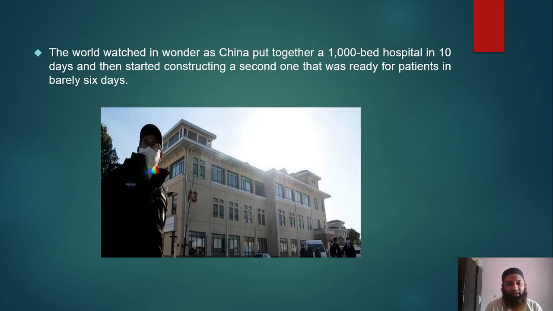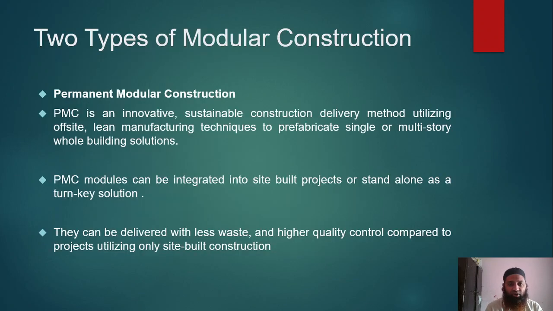If you just imagine, with normal on-site construction methods, this would not have been possible in 10 days. It would have taken almost 3 to 4 years. So this is the advantage of modular construction.